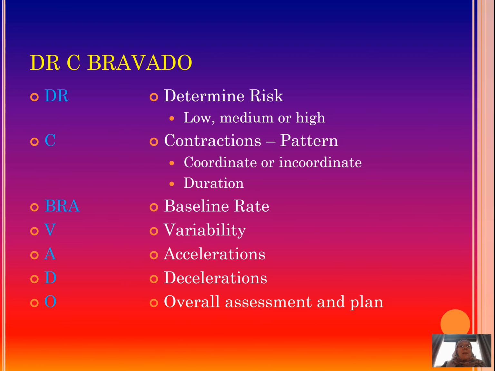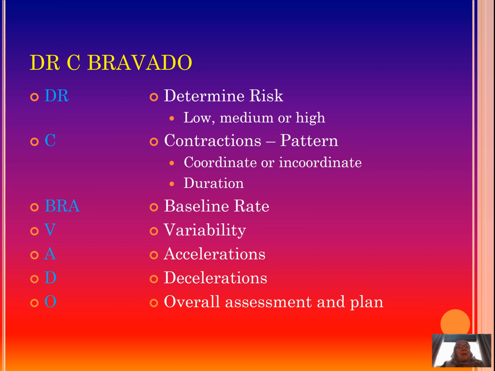So that you can remember to look at all of the features of a CTG, there's an abbreviation called Dr. C. Bravado. And you can see it is listed what it stands for. Doctor means to determine risk. Is this patient low risk or high risk? C means contractions or patterns.